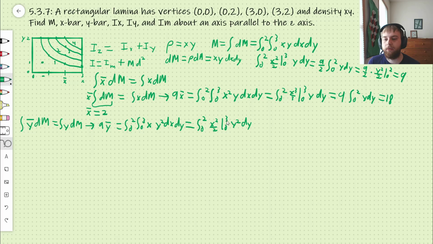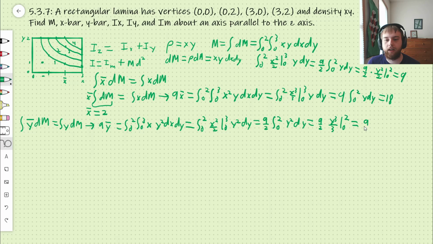So once again, this is 9 halves, integral from 0 to 2 of y squared dy. So this is 9 halves, y cubed over 3 from 0 to 2. So that's 8 over 3.